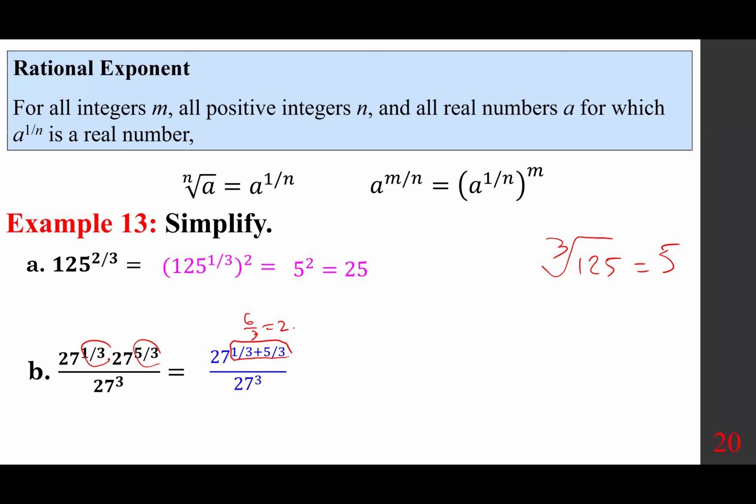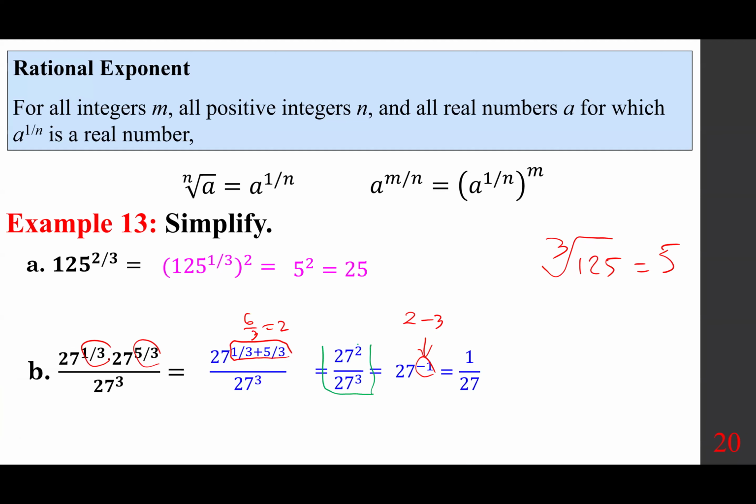One-third and 5/3 add up to 2. There are two ways to do that. If you want to go with the rules, you can say 27 to the power of 2 minus 3, or 1 over 27.